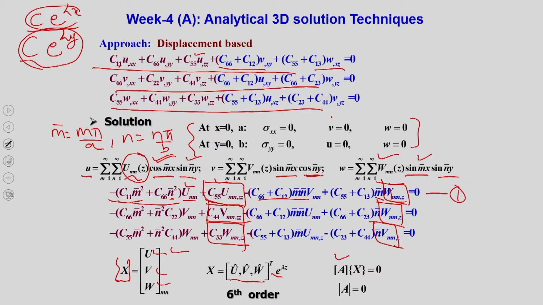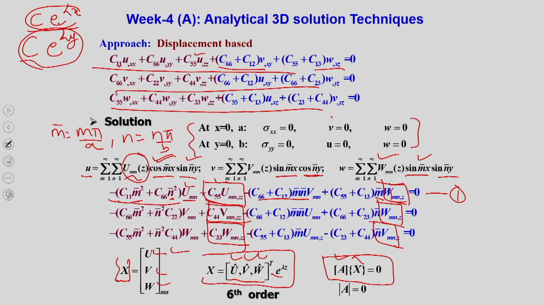We are going to solve. Similarly, we assume a solution like this, u hat, v hat, w hat, these are the unknown constants, and e raised to power of lambda z. If you substitute this into these equations, it becomes a matrix A into x equal to 0. Where x, I would like to say x hat, not x, u hat, v hat and w hat.